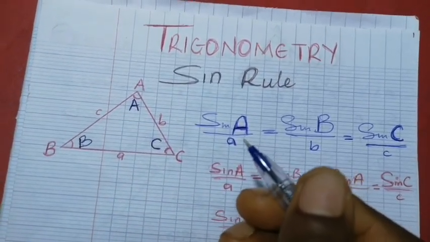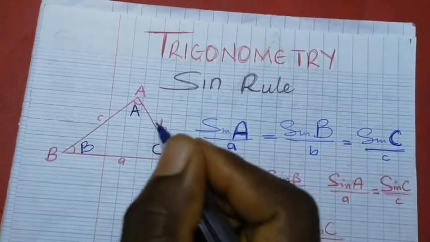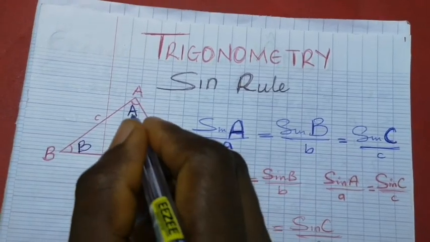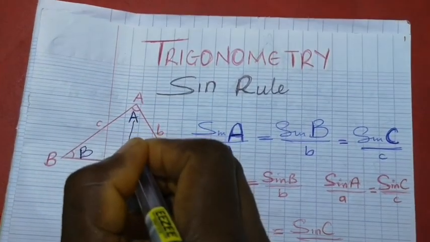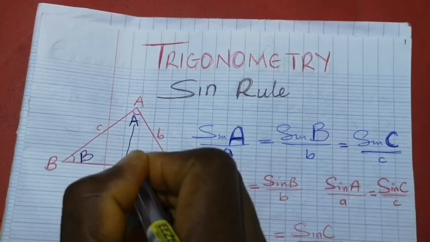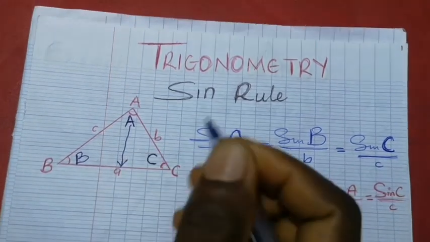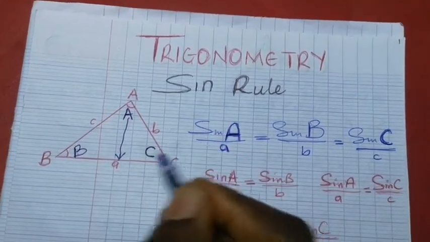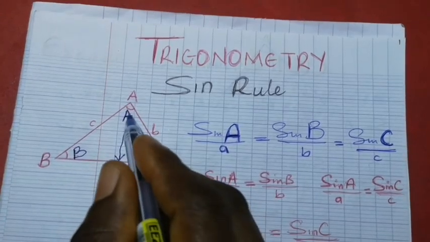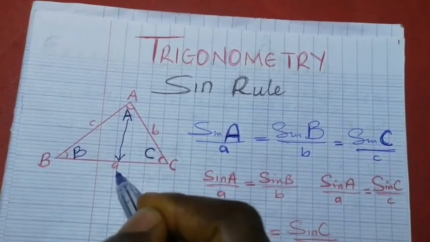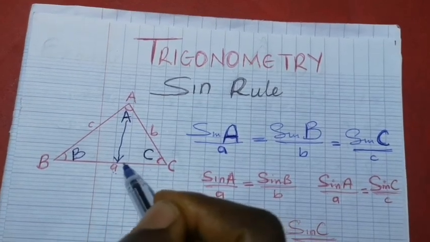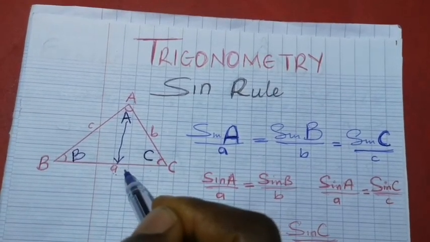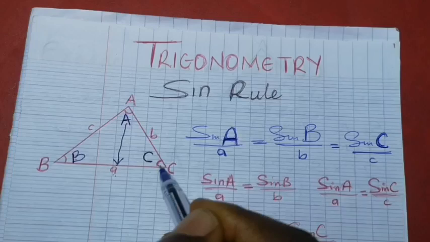Now we normally compare the angle formed here with the side opposite to that angle. So look at it here. The side that is corresponding to this angle is this one. That is why we call this side small letter a, because we normally use small letters to represent sides in a triangle.